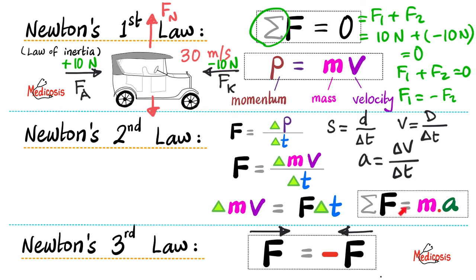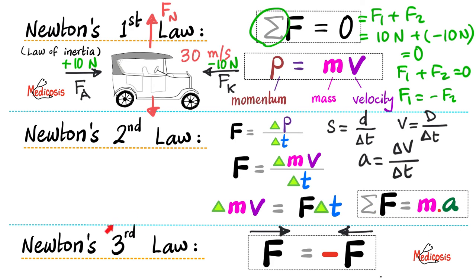Then the higher mass truck moves with less acceleration, and conversely, the smaller mass, small car, moves with a greater acceleration. Another way of saying the same thing is that if two different forces act on two equal masses, the bigger push will result in a bigger acceleration, and the lesser push will give you a lesser acceleration.